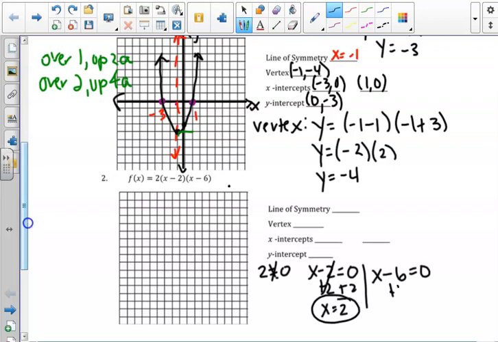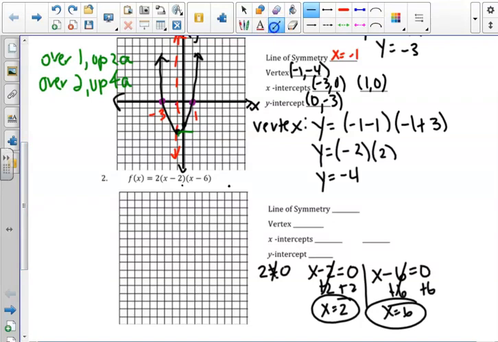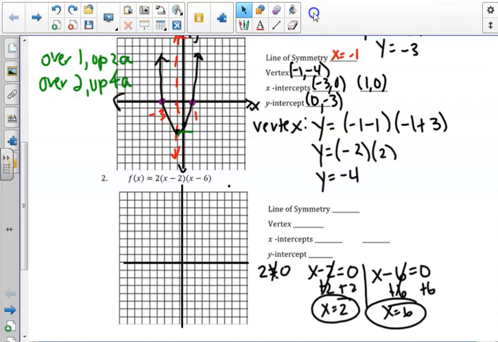So x is 2 and x is 6. I'm going to plot those first thing on my grid. There's my x, there's my y, and we have 2 and 3, 4, 5, and 6.